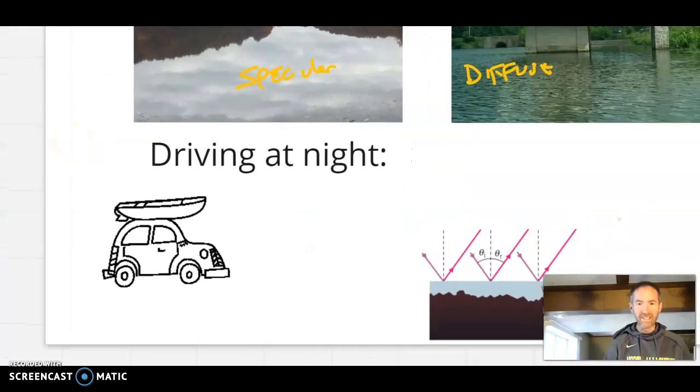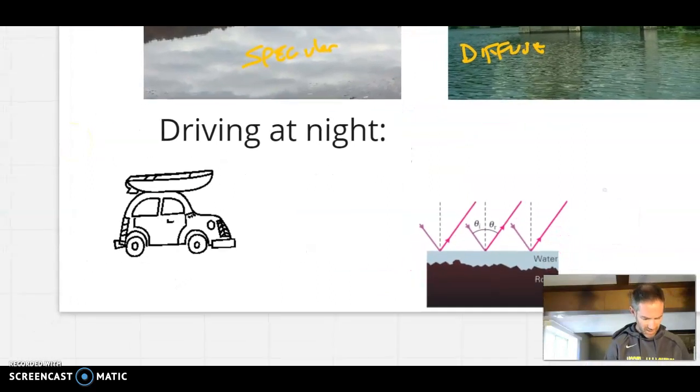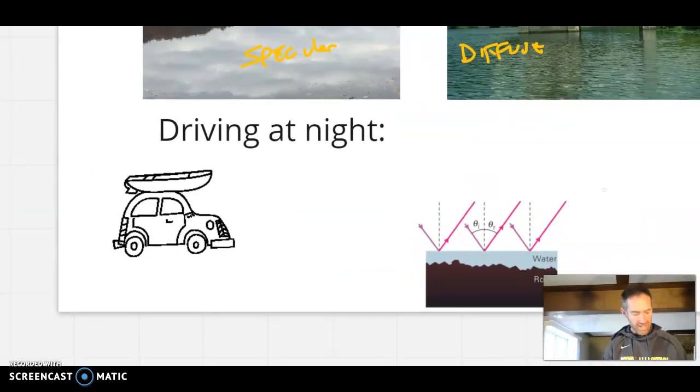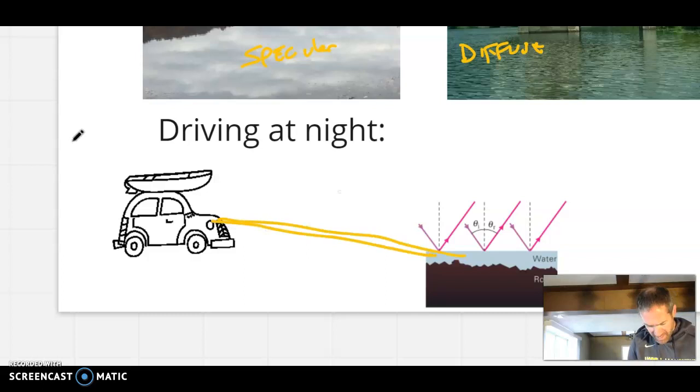This is where driving at night is sometimes not very pleasant. So on a normal dry night, the light comes out of your headlights and it hits the road. And I'm not going to say it's parallel, but it's basically parallel. Now, some of that light is going to be reflected well all over, and you might say, well, that's not a good thing.